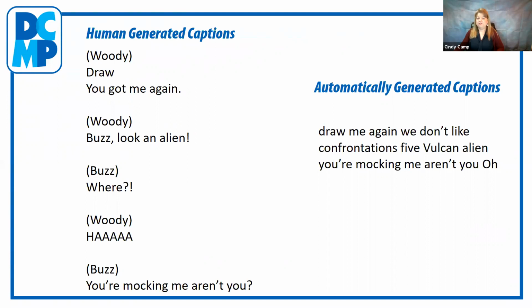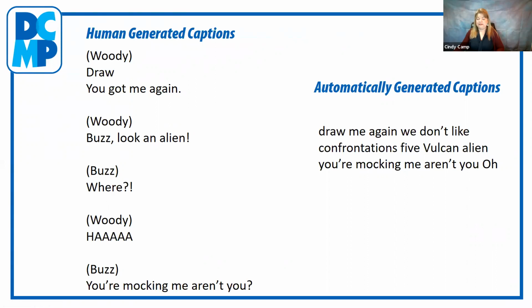And think about the students that you work with. A lot of them are emerging readers. So what might be understandable to an adult who has high-level reading skills is going to be very problematic for a younger student. So that's why we want to make sure that the captions really are high quality.